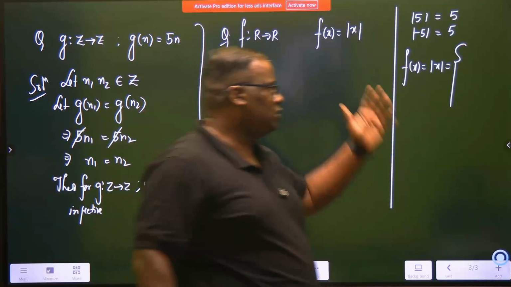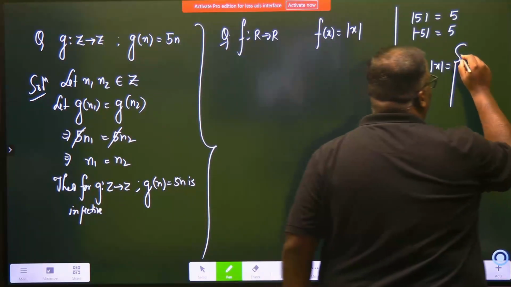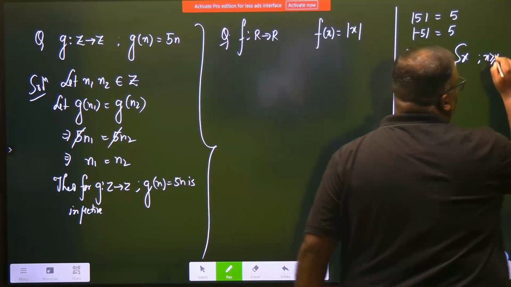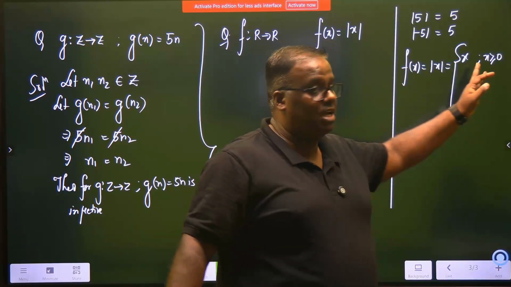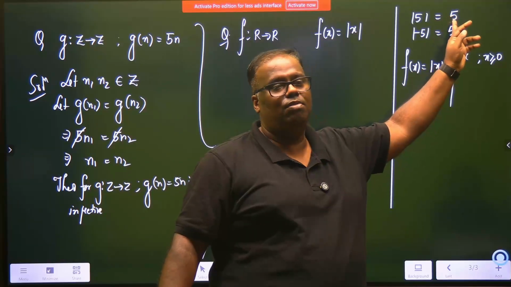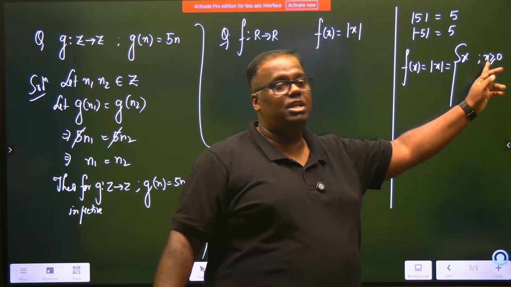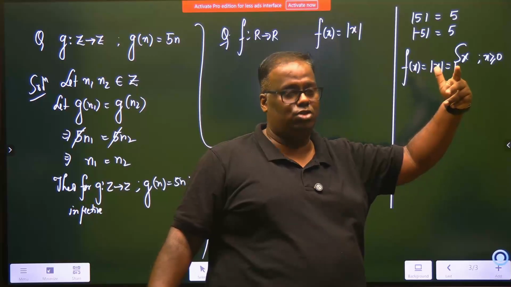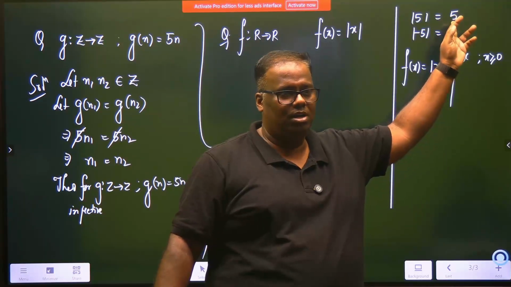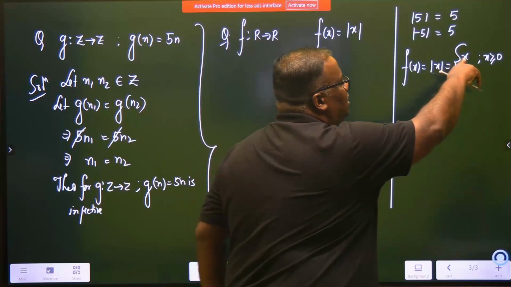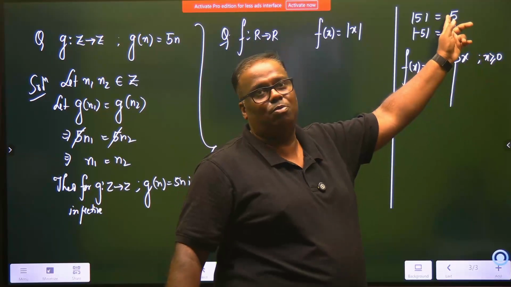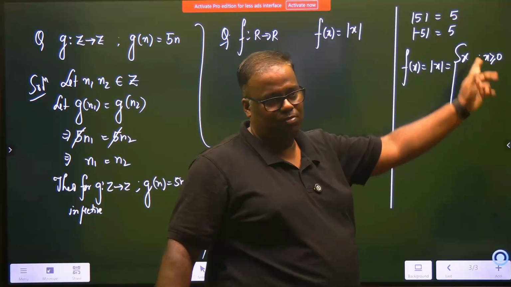It says that if your input x, what was my input here? 5. If your input is anything greater than or equal to 0, precisely it is telling that if you are entering a positive number, then retain the positive number. Have you understood? If you are entering a positive number, retain the positive number.